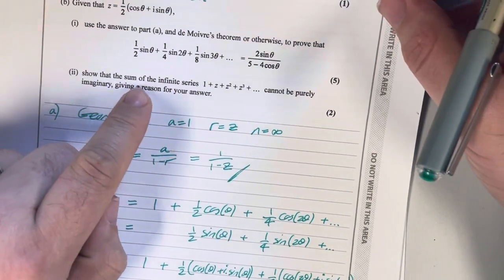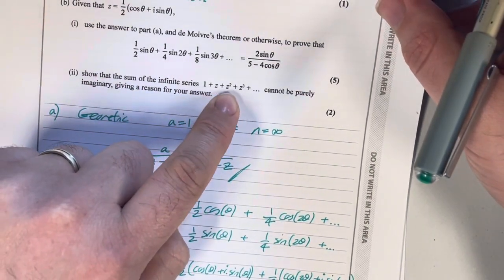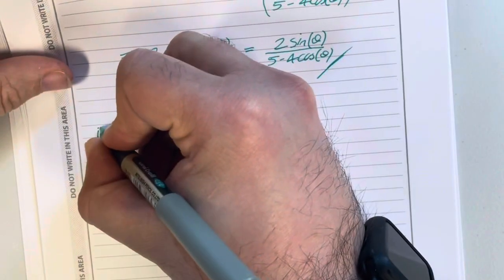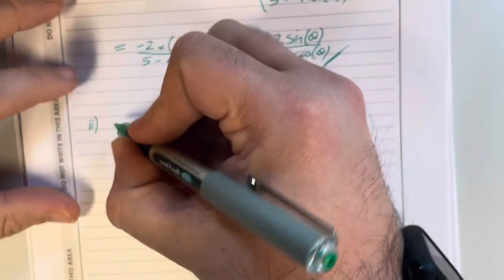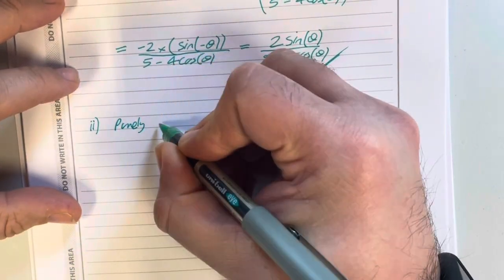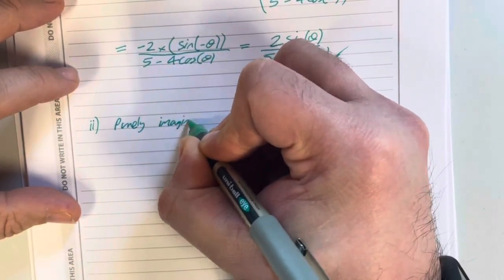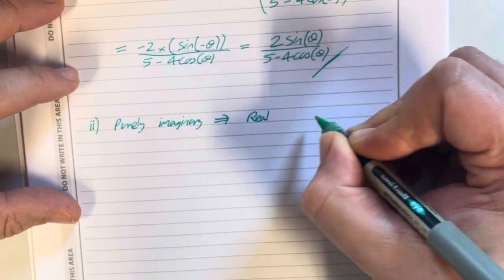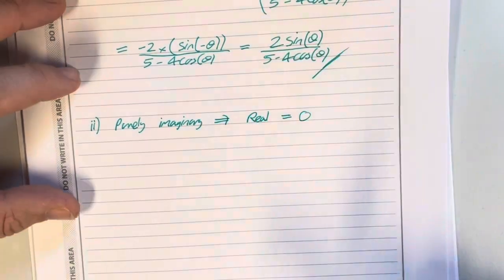Part 2: show that the sum of the infinite series 1 plus z plus z squared plus z cubed, etc. cannot be purely imaginary, giving a reason for your answer. So purely imaginary implies the real part equals 0.